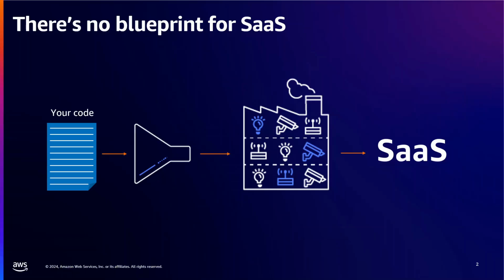In SaaS, we often say that there is no one size fits all. Your existing code base serves as the foundation for your SaaS journey. To transform your application into a successful SaaS offering, you will need to incorporate various components and services tailored to your specific requirements, such as multi-tenancy, scalability, monitoring, billing, and security.